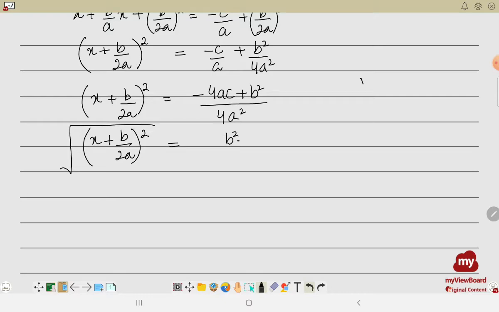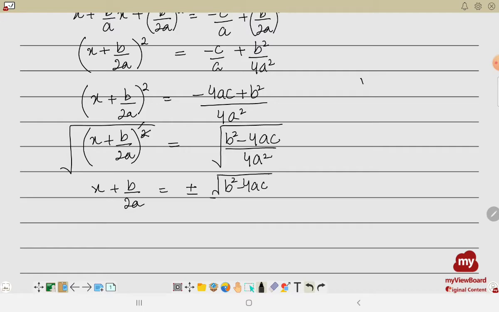We can also write it like this. The square will get cancelled by its root, and we are left with x plus b over 2a, and here we'll have plus minus. The numerator will remain as it is, and the denominator will become 2a.